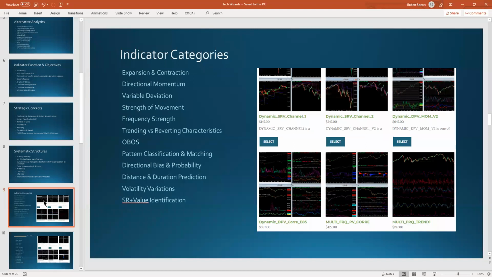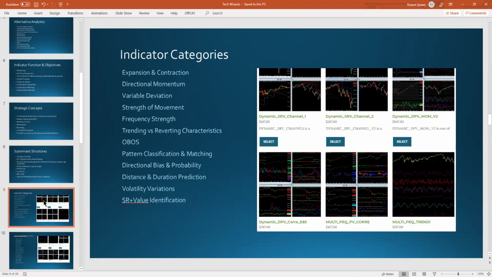Variable deviation: we want to identify when variables are deviated, and those can be dynamic. Strength of movement: this applies especially when you're looking at multiple frequencies, to identify whether it's just a single frequency momentum move or if this is happening across multiple frequencies. So again, that reverts to frequency strength.